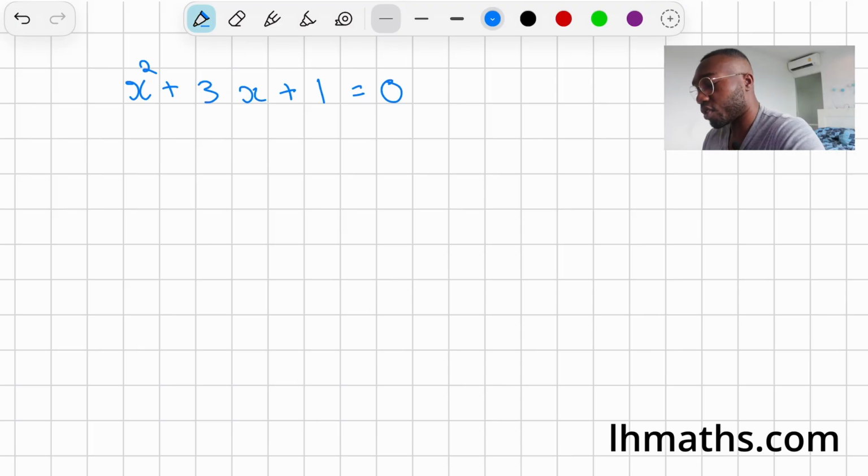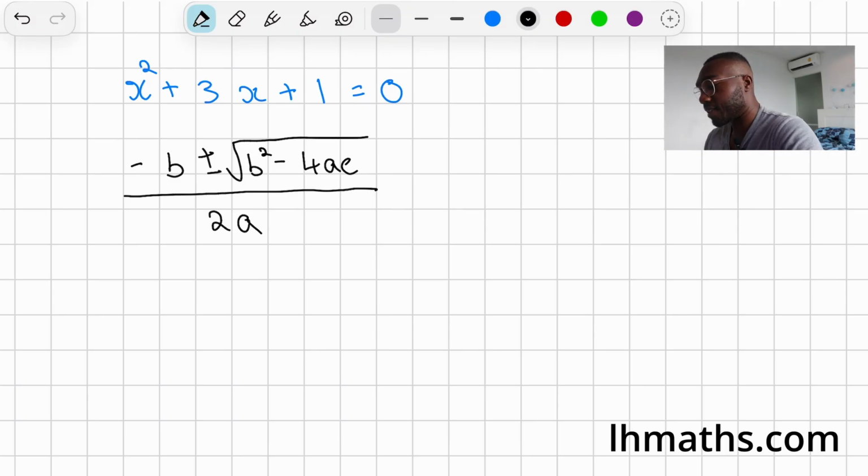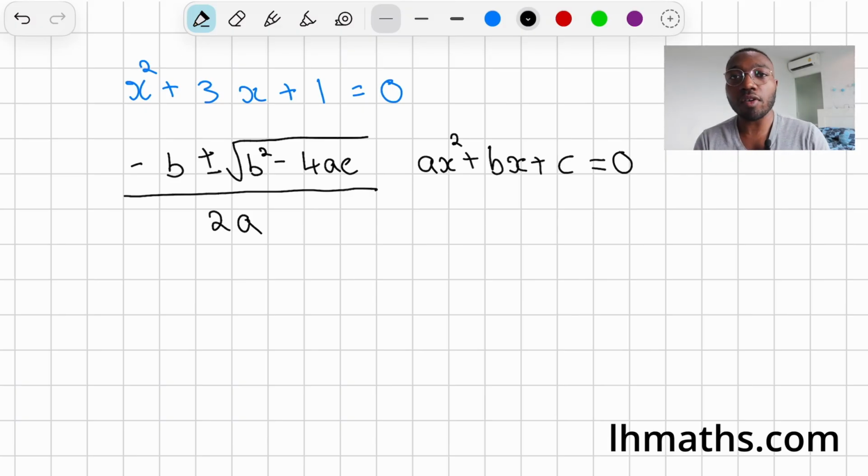So the quadratic formula is minus b plus or minus the square root of b squared minus 4ac, all over 2a. And that is for when we have a quadratic equation in the form ax squared plus bx plus c is equal to 0.